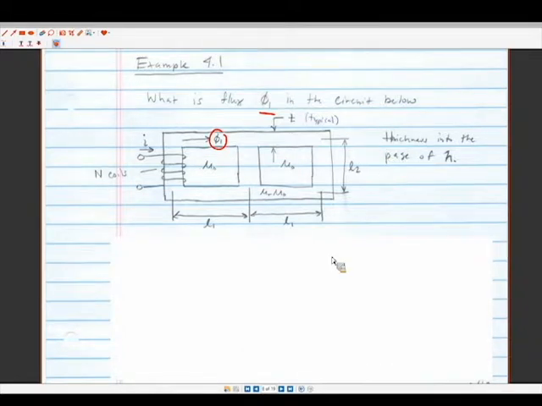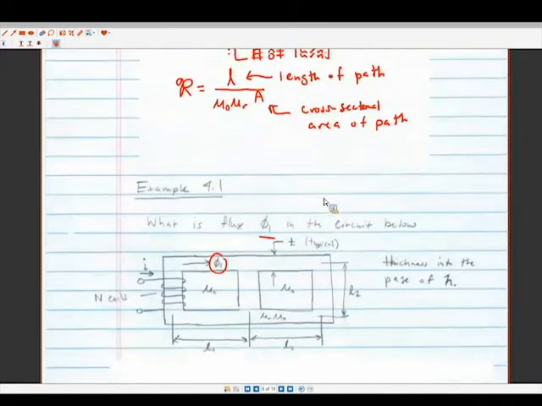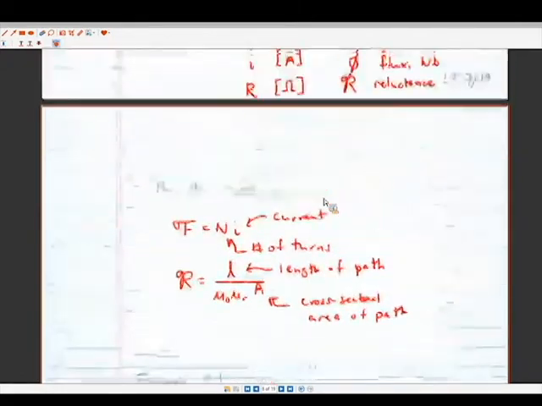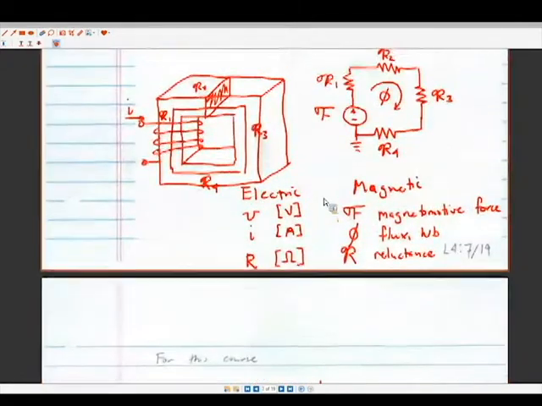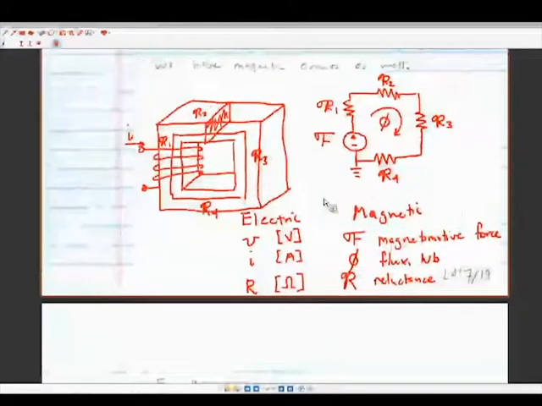Okay, so going from our analogy that we saw before, we're going to start to fill out an electrical circuit, and that's basically how we're going to start all of these problems: with an electrical circuit analogy.